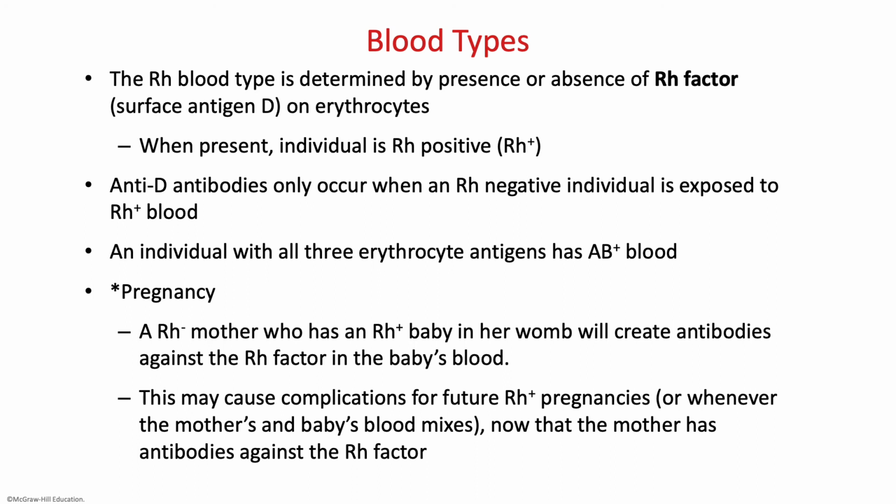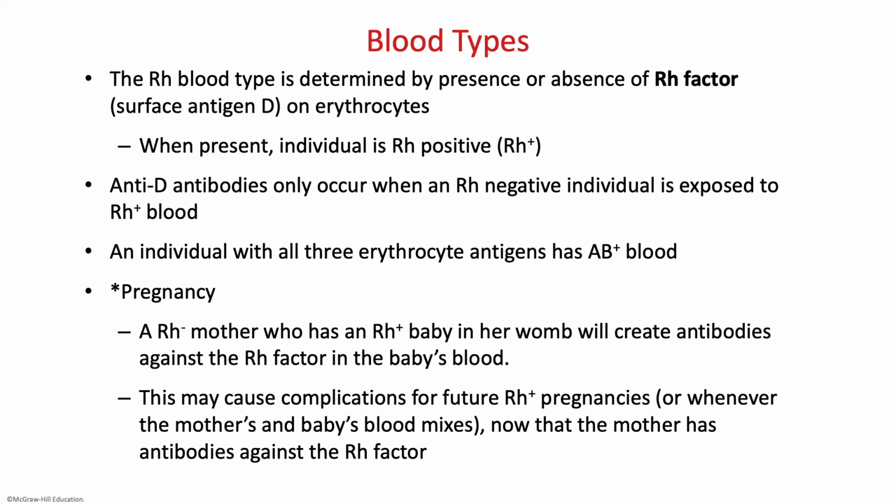So how is this a problem in pregnancy? And you'll answer several questions on pregnancy on your blood typing 3 activity, which is uploaded under this module. Let's say we have an Rh negative mother who wouldn't normally have any of those anti-Rh antibodies in her blood, but she has an Rh positive baby in her womb, which probably got the Rh factor from the father.